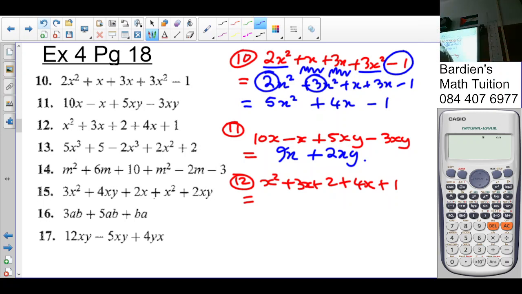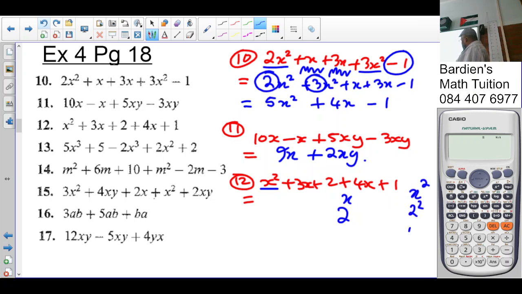But anyway, x squared is a like term to which term here? None. So that stands on its own. If x is 2, then you will have 2. However, x squared will be 2 squared, which is 4. Therefore, that x can't be the same as 4.